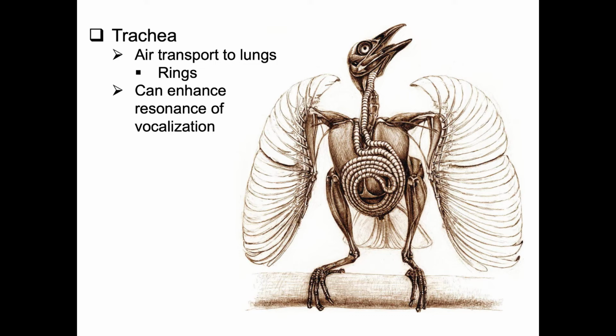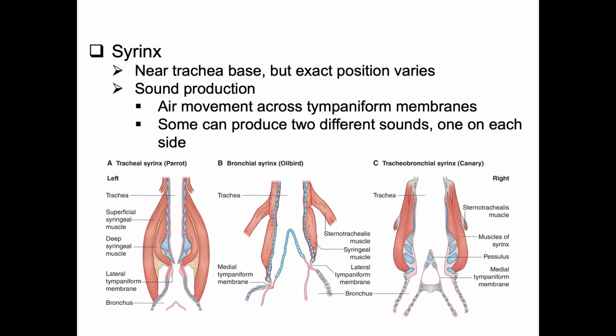However, the length of this can vary in some birds and can be very long and wrapped around and provide some extra resonance for vocalizations. So think of it like a French horn with its curves and how that adds resonance for that musical instrument. Near the base of the trachea, but the exact position does vary from bird group to bird group, is a structure called the syrinx. And the syrinx is the sound production organ in birds.